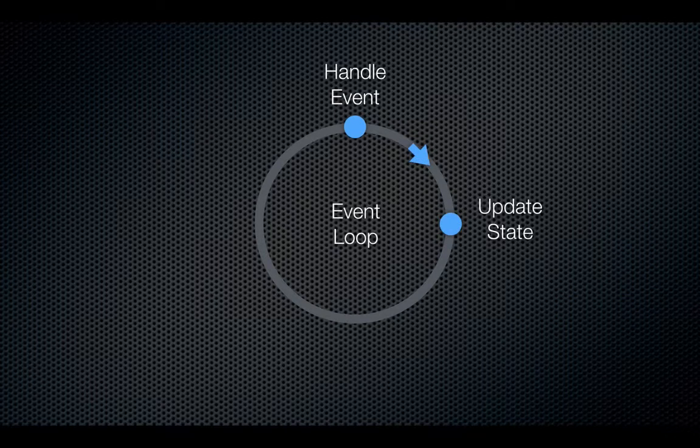The next thing that a component does when it handles an event is update its own state. We'll get a little bit more into exactly what that means in a second. In updating its state, the component is then marked as dirty, and so towards the end of the event handling loop, the component will re-render all of itself and all of its children too.